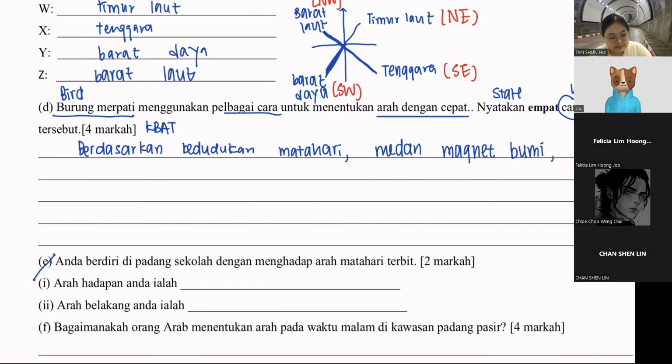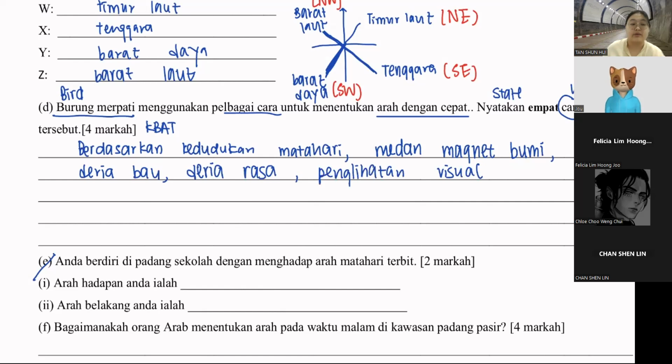They also depend on what? Bau, the smell, depends on their feeling, right? They follow their feelings. And also penglihatan, use their eyes to look at the environment and find the direction. Penglihatan, visual. All right, this is a KBAT question. It's like super KBAT. All right.